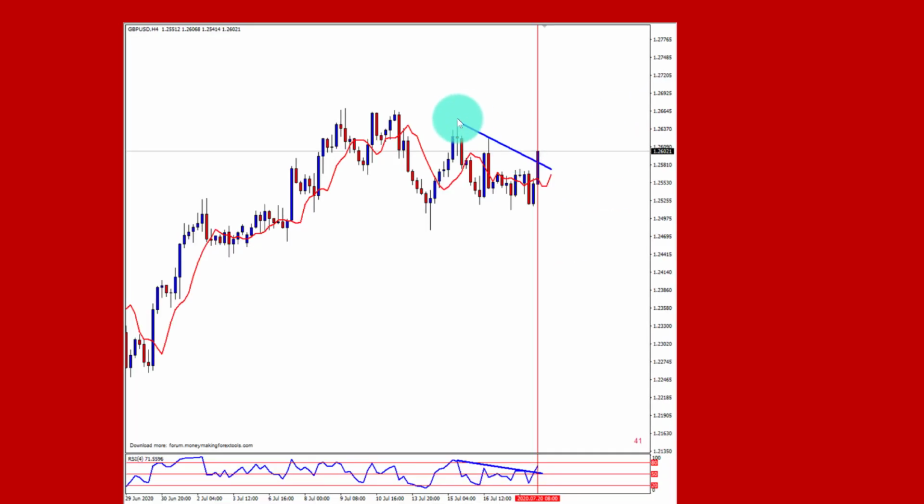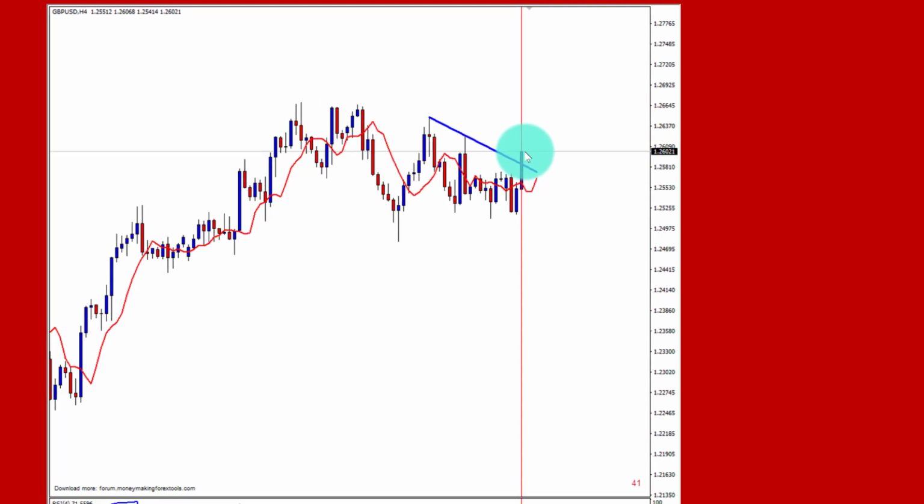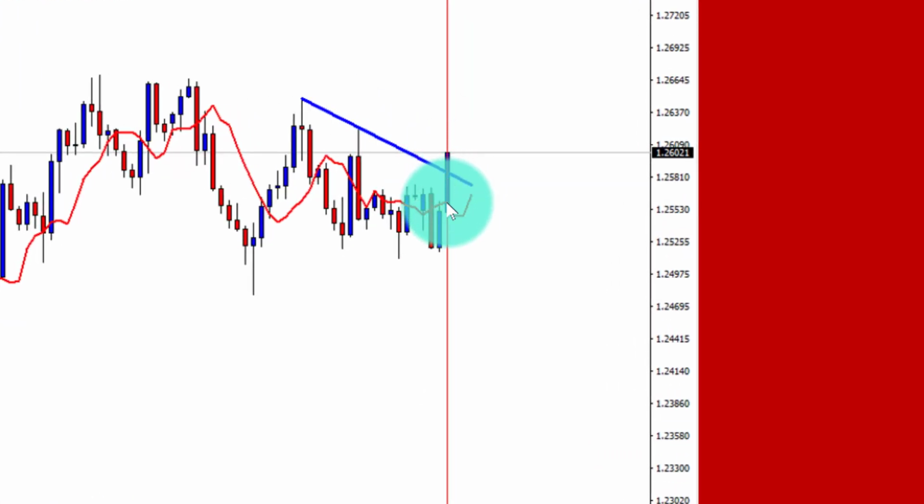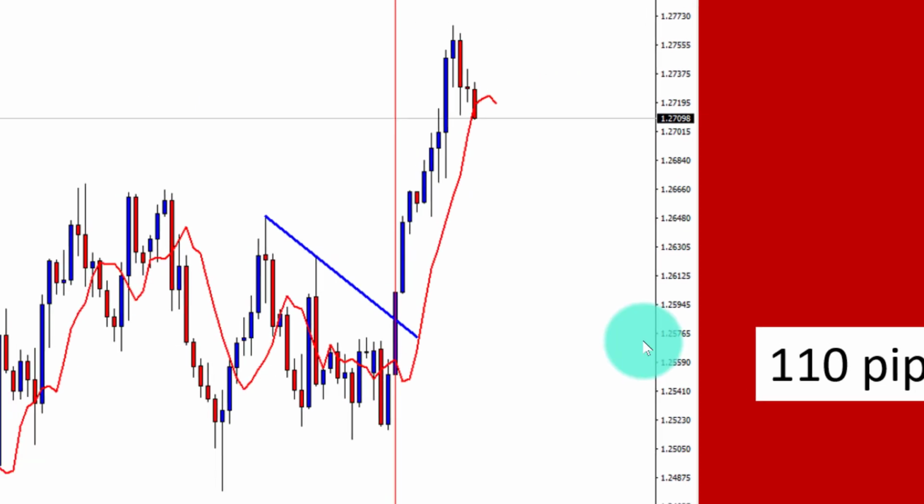So here's another trend line violation. The price has moved over. It has closed on the other side of the trend line, so that means now is the time to trade. It is in a buy direction because the price is moving upwards, and let's have a look at the result. And here we go.